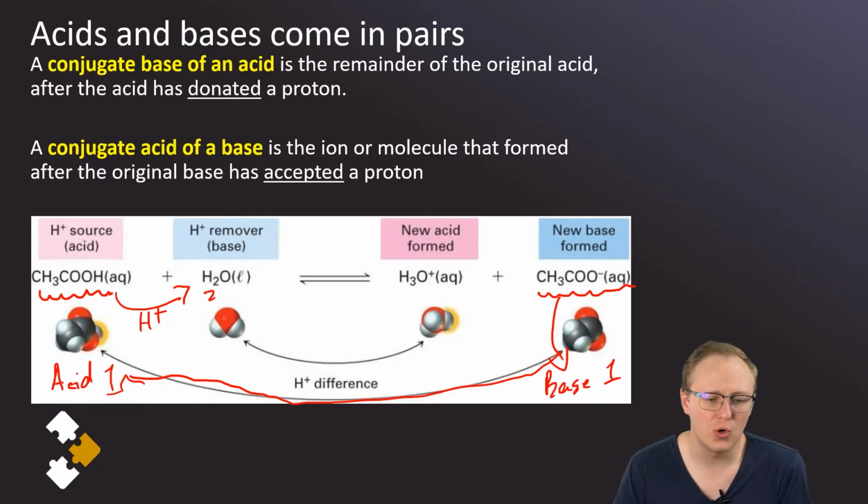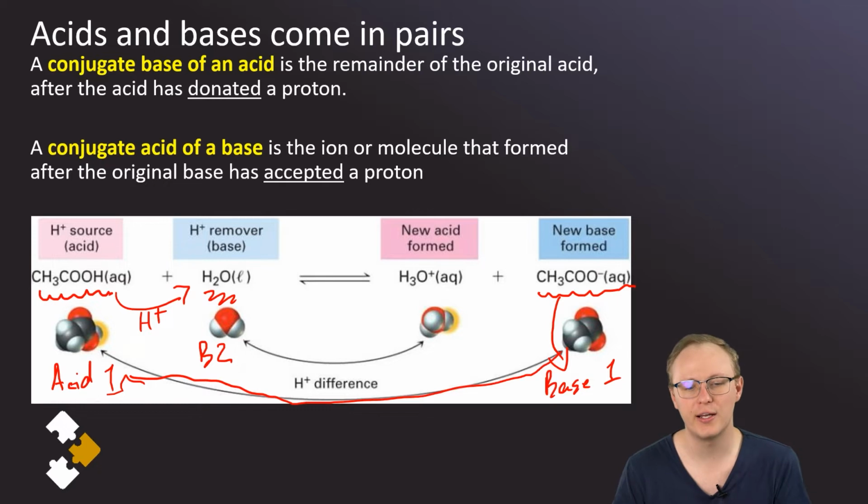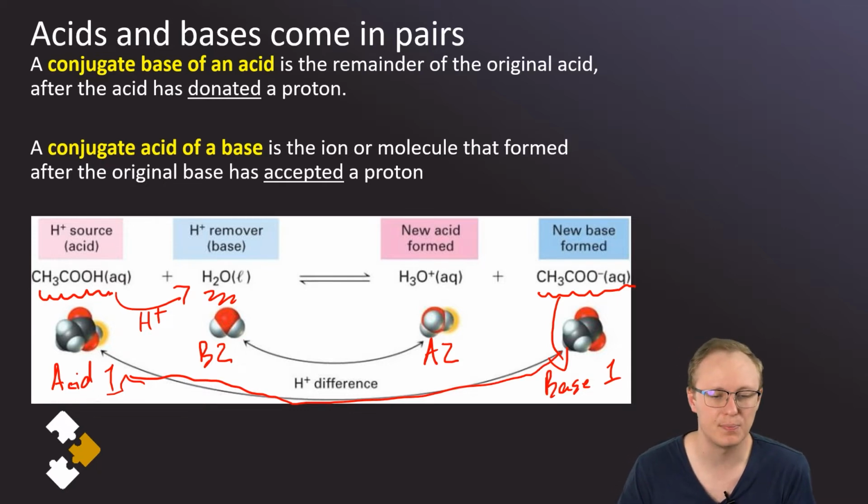Now here the water accepted a proton in order to form a hydronium ion. So the water acted as a base, I'm going to call it base 2. And for the hydronium ion to go back and form water again, it would have to give up the hydrogen ion that it just gained. So we're going to call this acid 2. And those then are going to be our conjugate acid-base pairs.